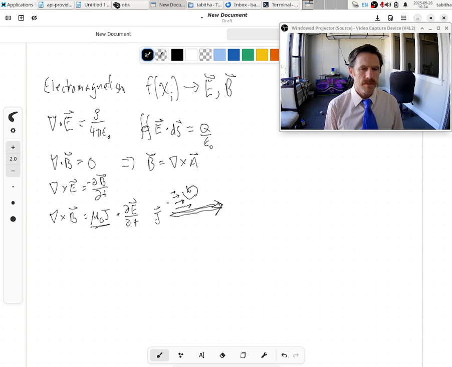So we see that the magnetic field sort of behaves like a vorticity. Remember that the vorticity in a fluid is the curl of the fluid velocity, the bulk fluid velocity, which I'm calling U here.